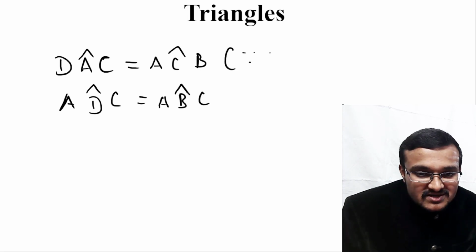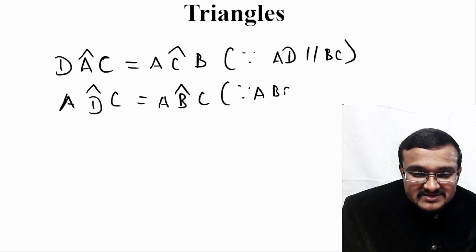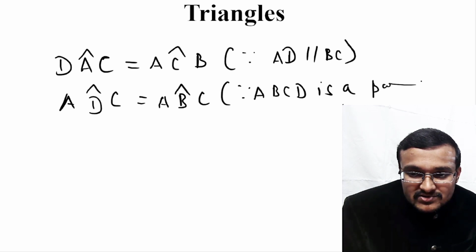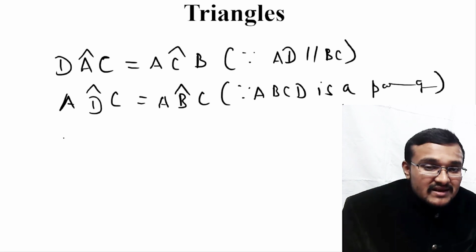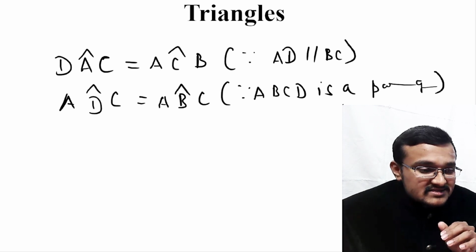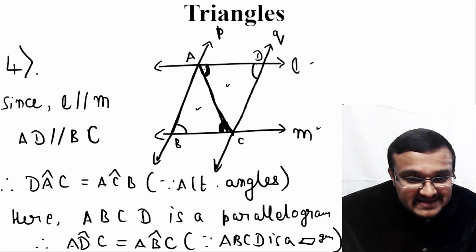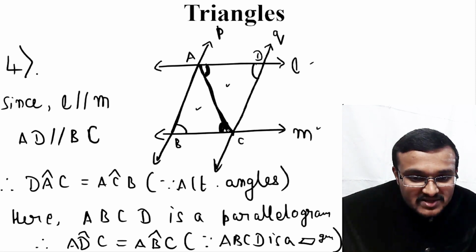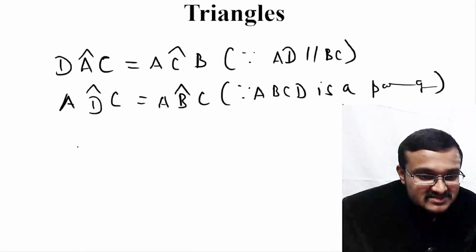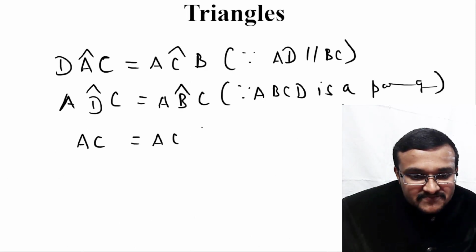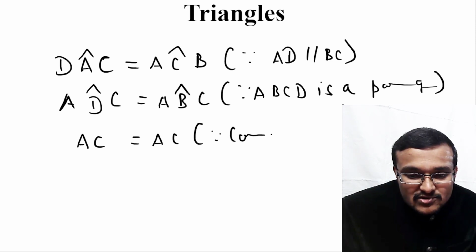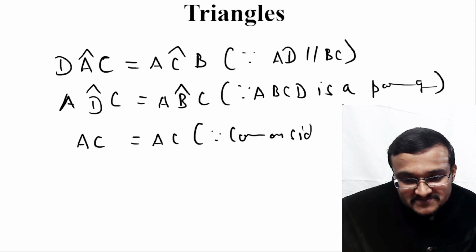This is because AD is parallel to BC, and because ABCD is a parallelogram. Now in these two triangles, AC acts as the common side. So AC will be equal to AC since they are common sides.